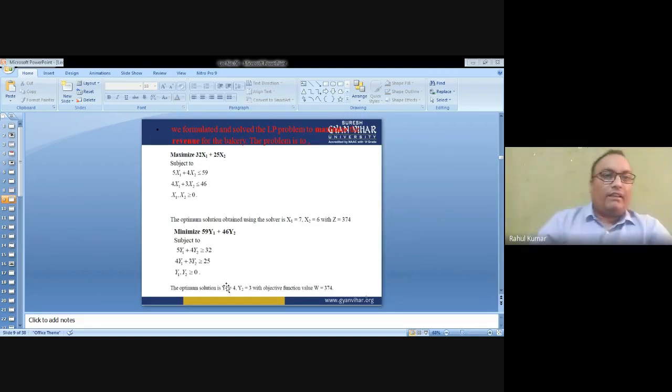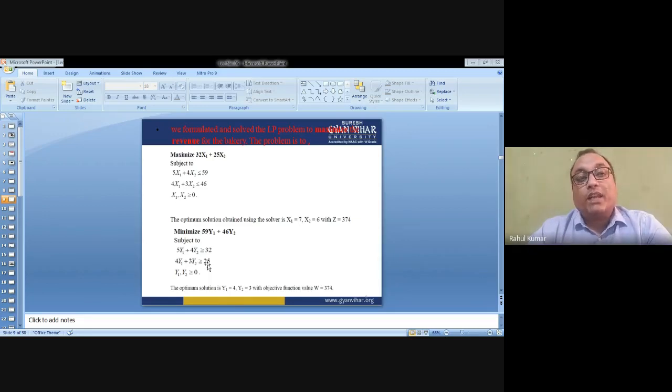So this is one example for this analysis. For this example, we formulated and solved the linear programming problem to maximize the revenue for the bakery. The problem is to maximize.